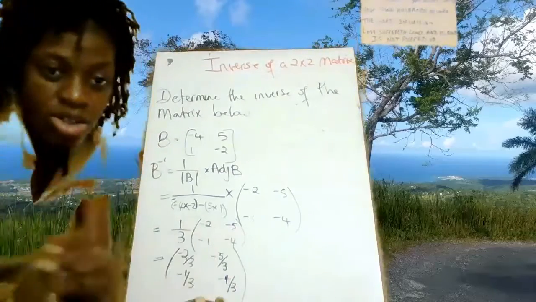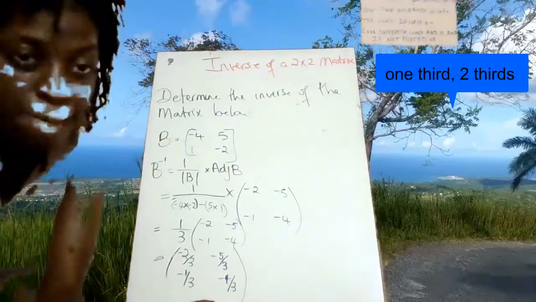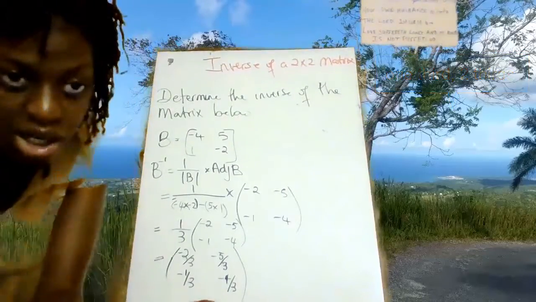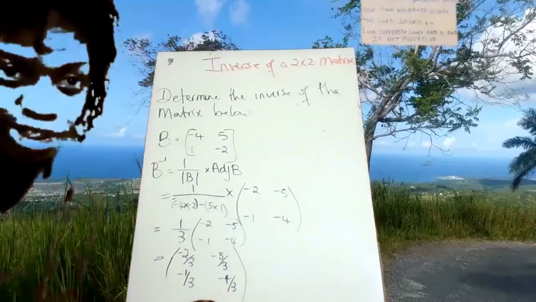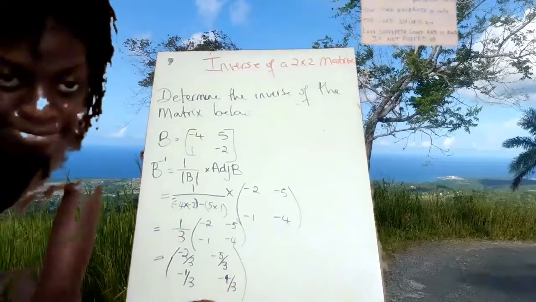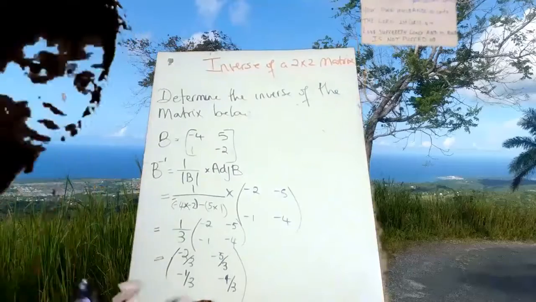And you don't need to change it into decimal. I suggest that you leave it right there. Most times that you find the inverse, you'll end up getting fractions. But it's not all the time, it's just most of the time, alright?